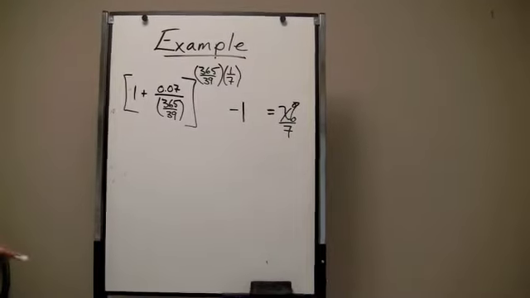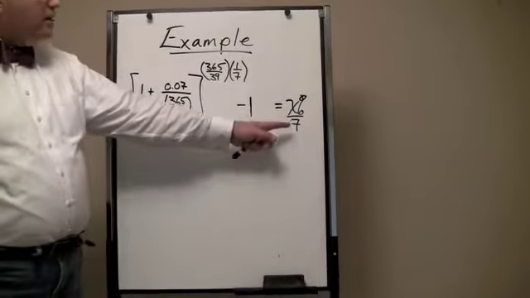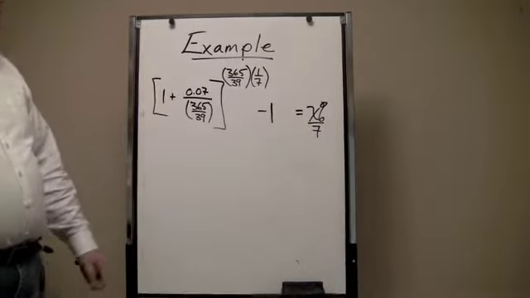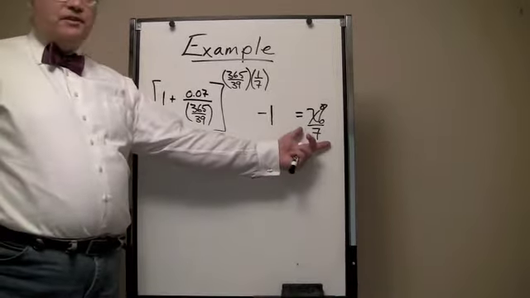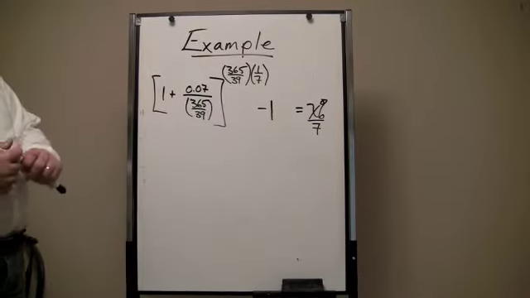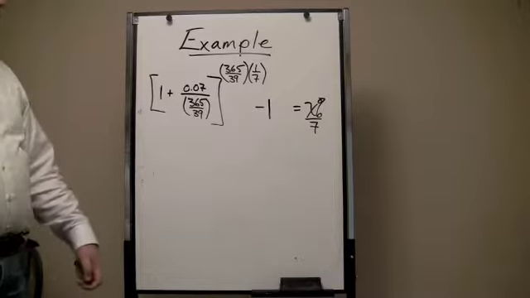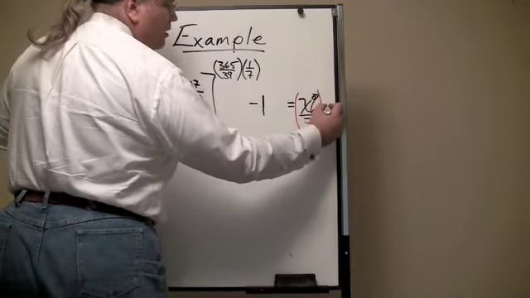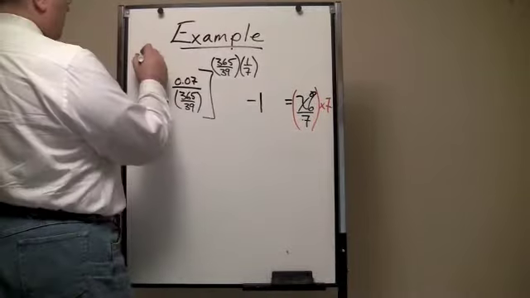Okay, now we're almost home here. Over here on the right-hand side, we have x% divided by 7, so it's simply going to be a matter of getting rid of this 7, which will lead us to the final solution. And of course, we do that by multiplying both sides of the equation by 7.